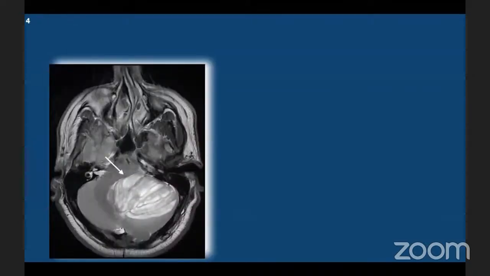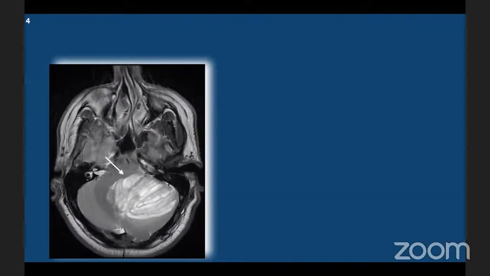This young patient presented with ataxia, cerebellar syndrome, and signs of increased intracranial pressure. The patient also had multiple skin lesions, possibly a component of Cowden's disease. And here is the MRI. In T2, we can see a unilateral, non-enhancing cerebellar lesion. And there is displacement of the fourth ventricle from the mass effect.